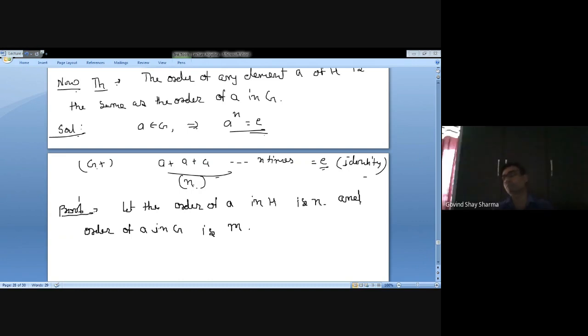That is, A is an element of G and H, and in H the order is n, and in G the order is m.